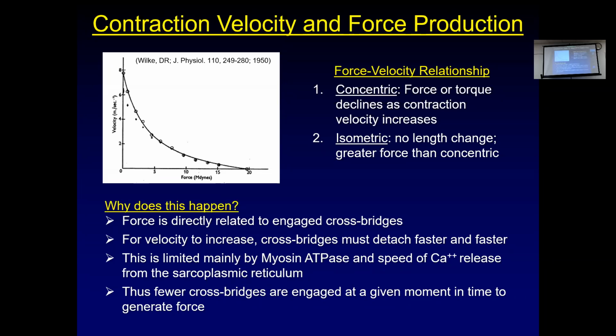Those are isometric. Because there's no movement during an isometric contraction, there's no velocity. If we were to graph these things out, an isometric contraction happens right here, at zero velocity. There's no movement. That's going to be an isometric contraction.